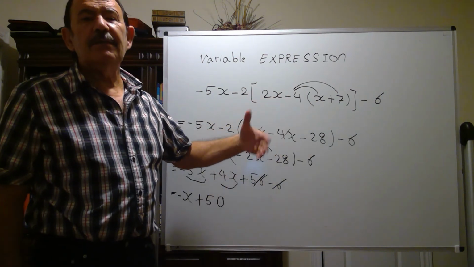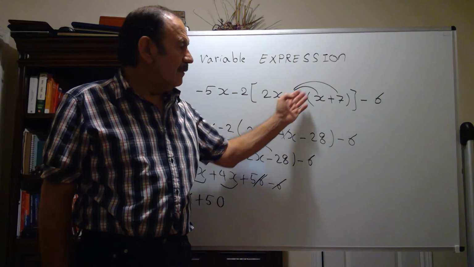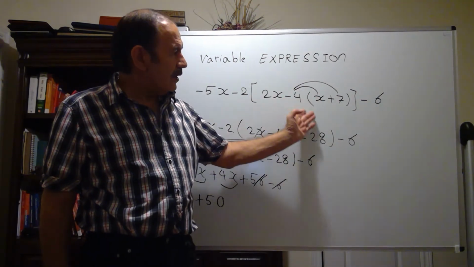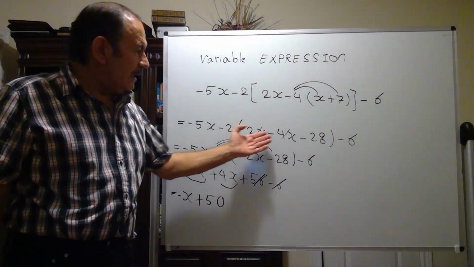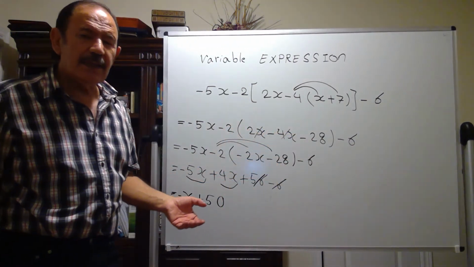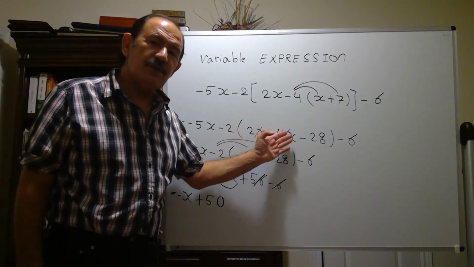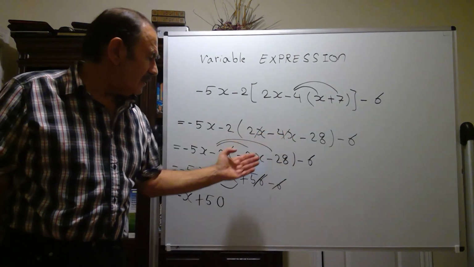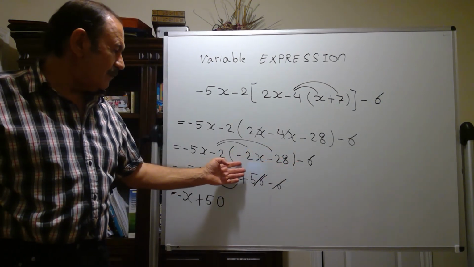Inside the bigger bracket, again BEDMAS applies because we have the multiplication, negative 4 times this bracket. We should do the multiplication first. When there is no multiplication, now addition and subtraction by finding the like term, which is this 2x plus 2x minus 4x is minus 2x. And again, this bracket is in the most simplified format.